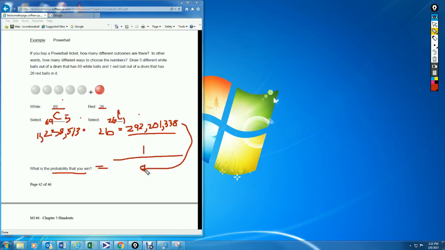Okay, so if you do 1 divided by that number, you should get point, and then there are 8 zeros. All right, so 0.00000000342.